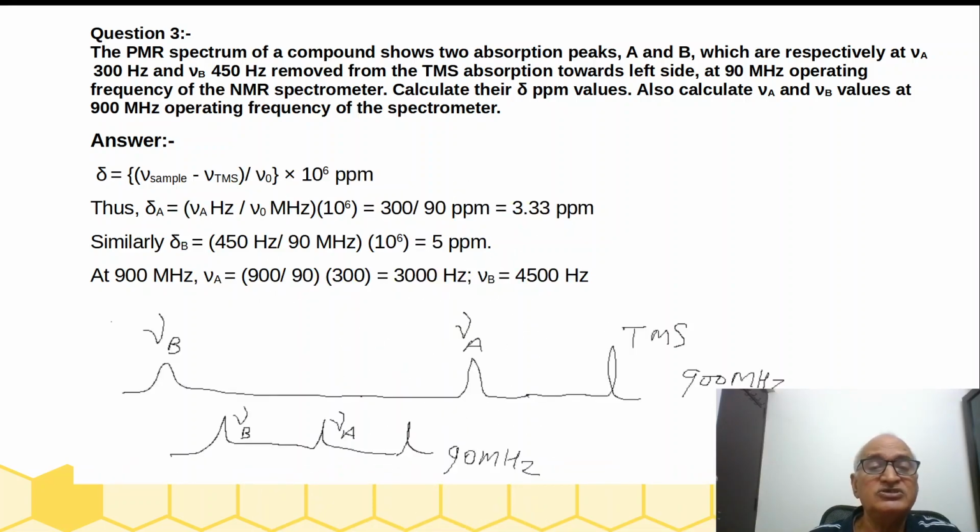See very clearly, this diagram shows when the machine operating frequency is 900 megahertz, the peaks are expanded, more separated than when it was 90 megahertz. So these are field dependent values. But the above formula converts these values to field independent values at whatever spectrometer frequency you are recording NMR data. Delta ppm values won't change, they remain the same, so they are called universal.